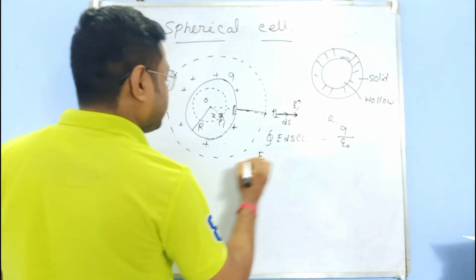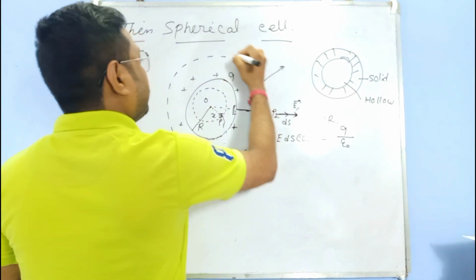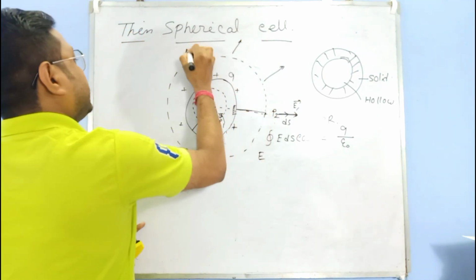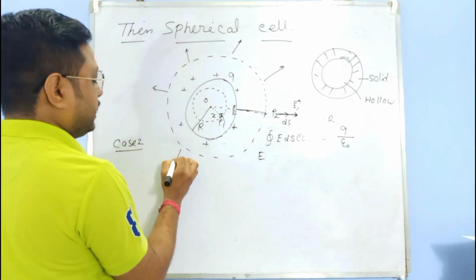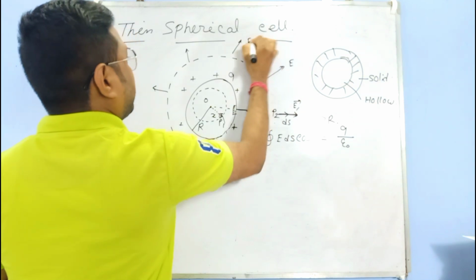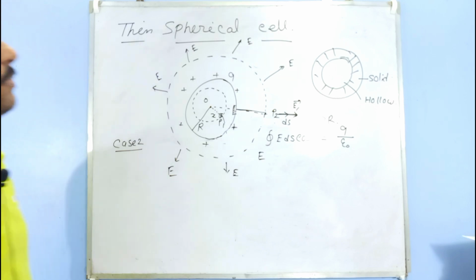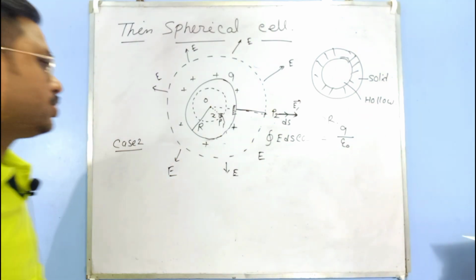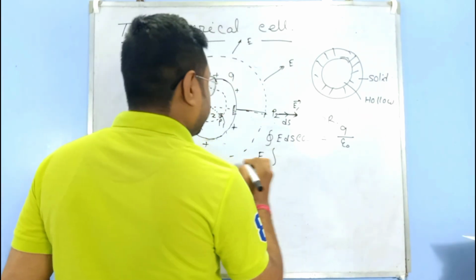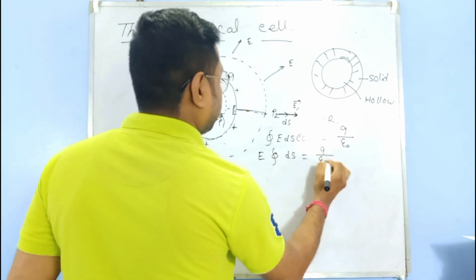So by symmetry, E is directed radially outwards perpendicular to the surface, and the value of E is the same at every point on this spherical surface. So E and cos 0 are taken outside the integral, and the integral of ds equals Q by epsilon naught.